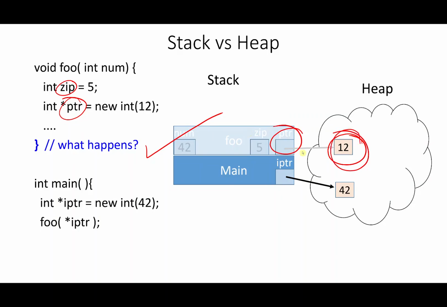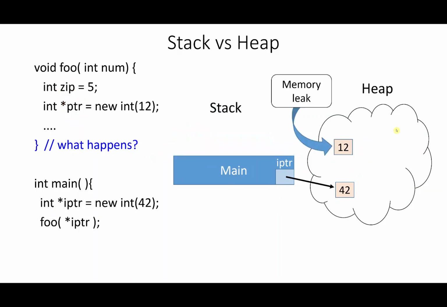The operating system still thinks that you are using that location in the heap. This is what we call a memory leak. A memory leak is when the operating system thinks that you are using that location, while actually you do not have access to that location.